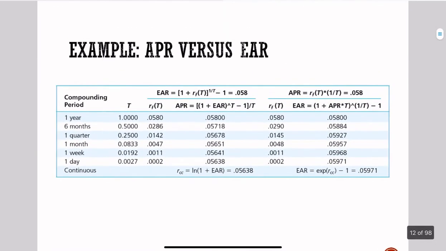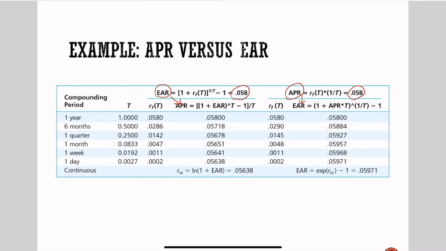Okay, now let's see this example. Here we have both EAR and APR, and both of these are equal to 0.058. You can see that clearly we could transfer from EAR to APR using the formula we just discussed. And we could also go from APR to effective annual rate.